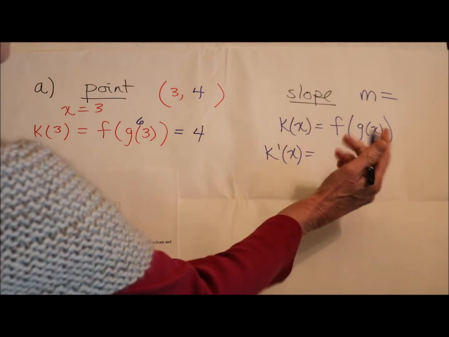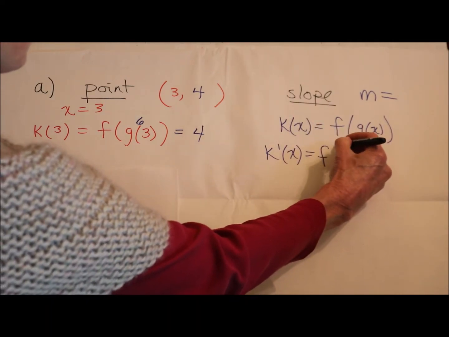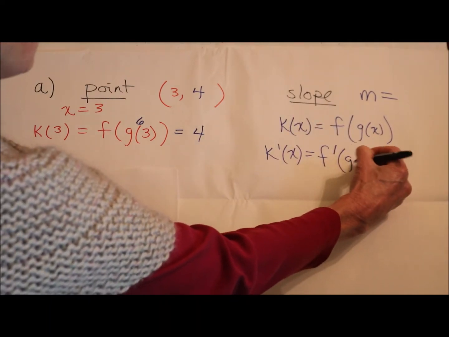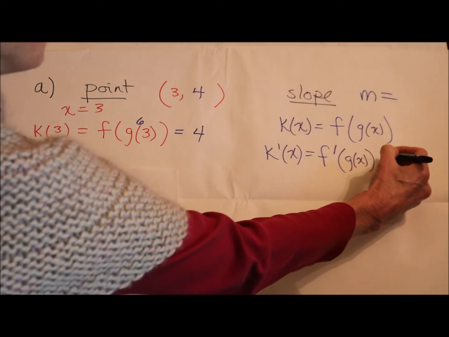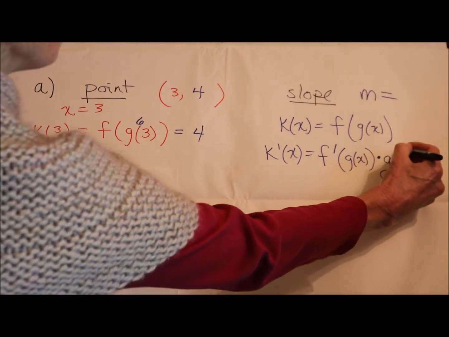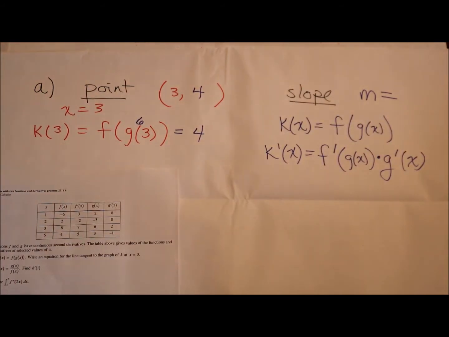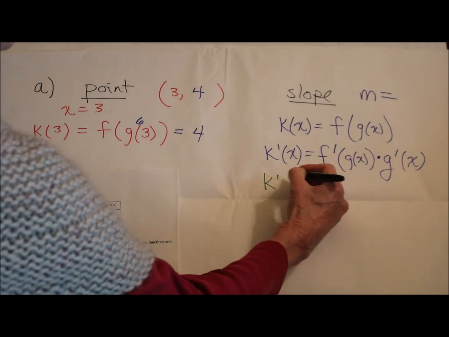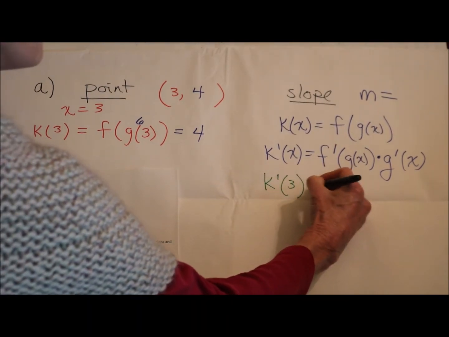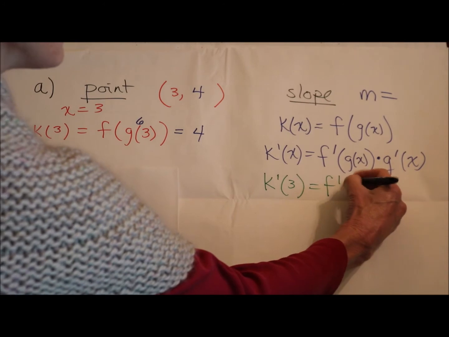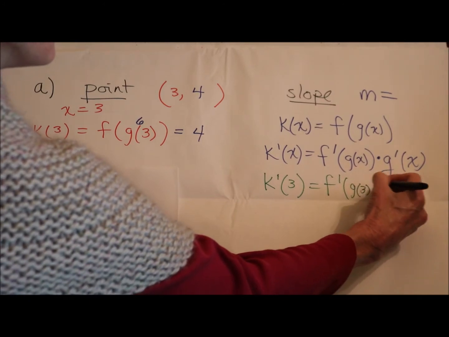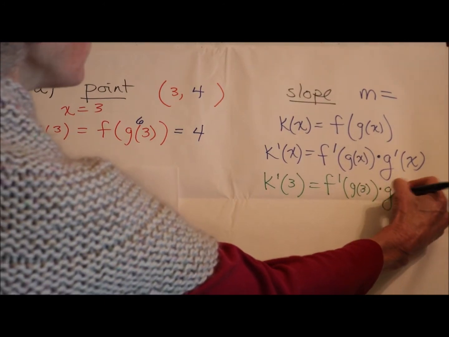This is the classic form of the chain rule: the derivative of the outside times the derivative of the inside. So now I'm going to put 3 in and find the slope at the point where x is 3.